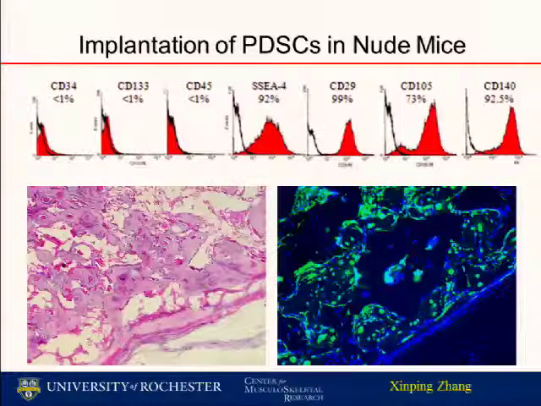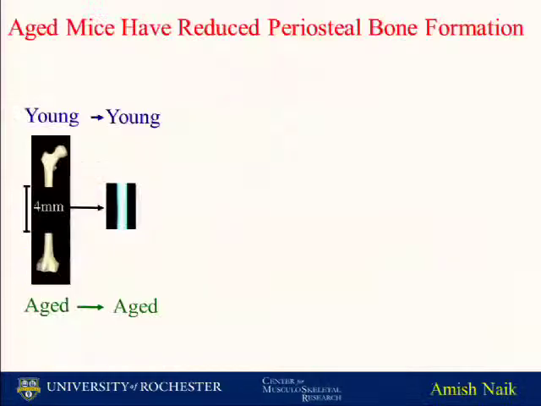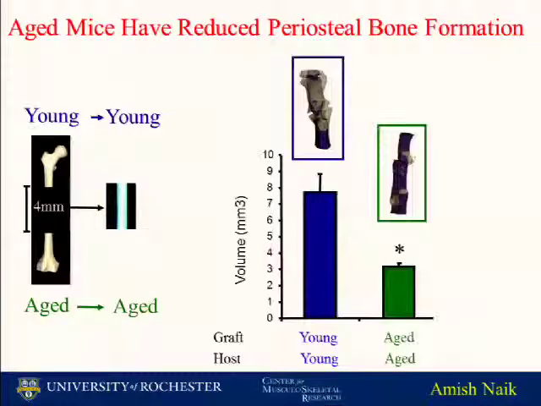Now, clearly, this gets to the question about how does aging or diseases potentially alter these cell populations. In this experiment, we did transplantations, transplanting young periosteum into young mice or aged periosteum into aged mice, and what we were able to show, this is not yet published, is that the aged periosteal cells transplanted into aged mice have a reduced responsiveness, a reduced capacity for bone regeneration.